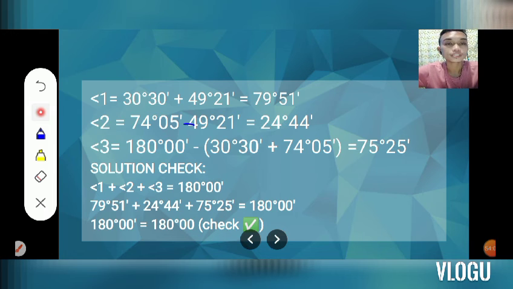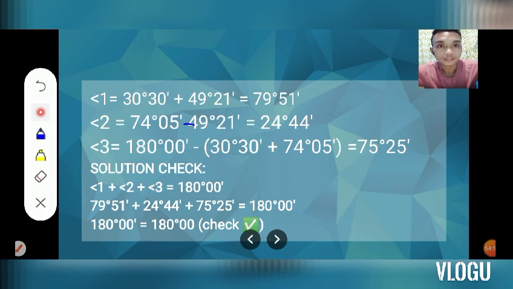To check if our answer is correct, we add all of the angles and equate them to 180 degrees, since the sum of the three angles in a triangle is equal to 180 degrees.